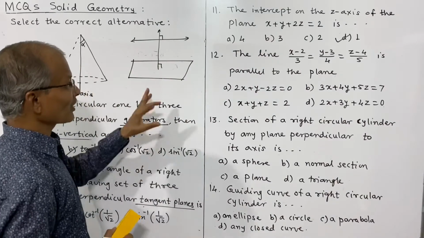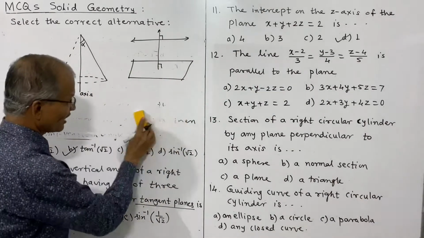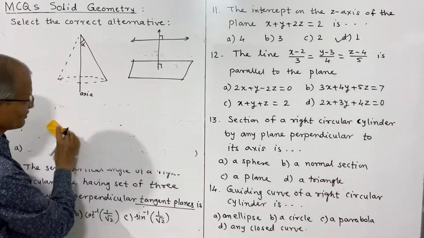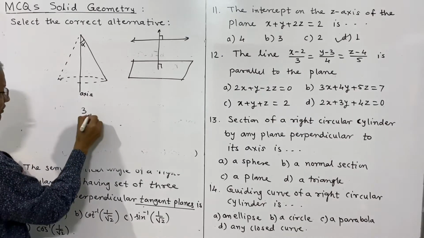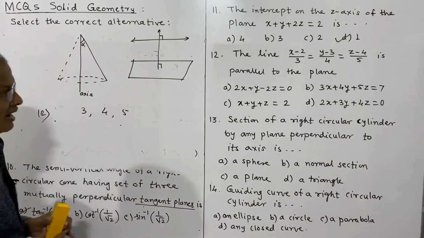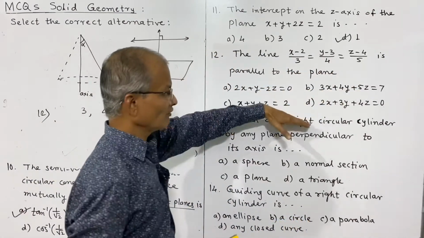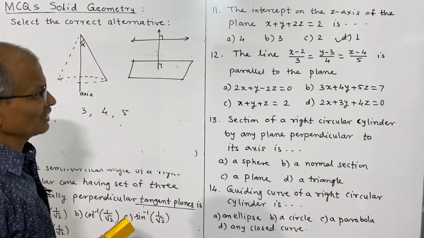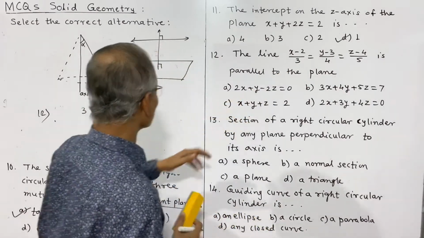And if they are perpendicular, they must satisfy the condition of perpendicularity. That means the sum of product of the DRs must be equal to 0. The DRs of the line are 3, 4, 5. These are the DRs of the line. And therefore, the products of 3, 4, 5 respectively with the DRs, and its sum is 0. So, which will result in it? Now, if you consider C, it's 3 into 2, that is 6.